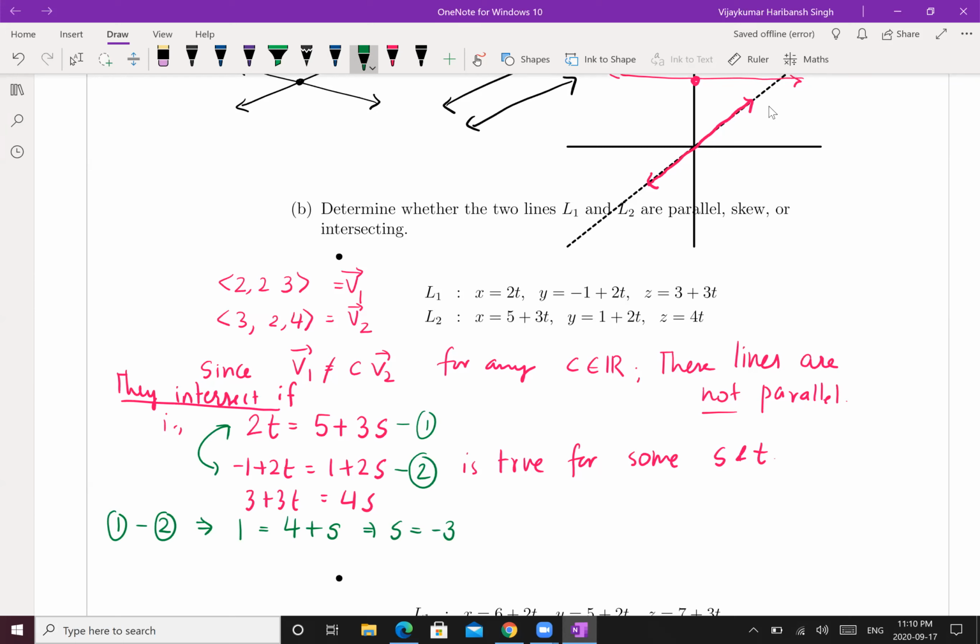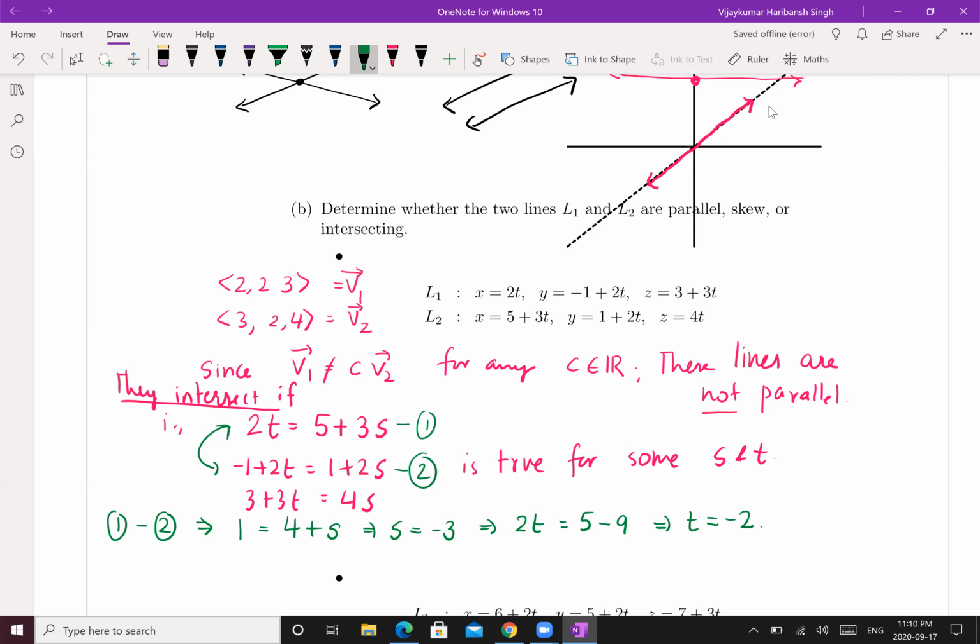If we substitute that into the first equation, we get 2t equals 5 minus 9, which is -4. This gives us t equals -2.